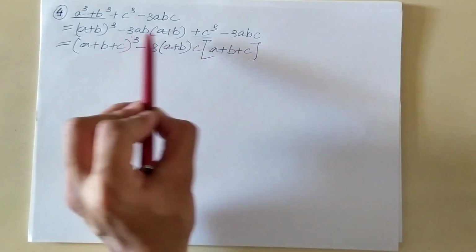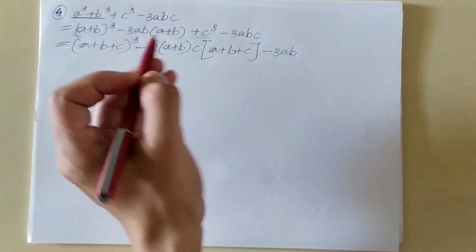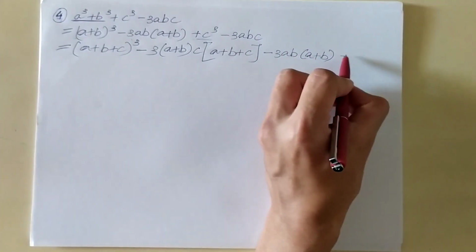And these 2 terms we will write as it is, minus 3ab into a plus b minus 3abc.